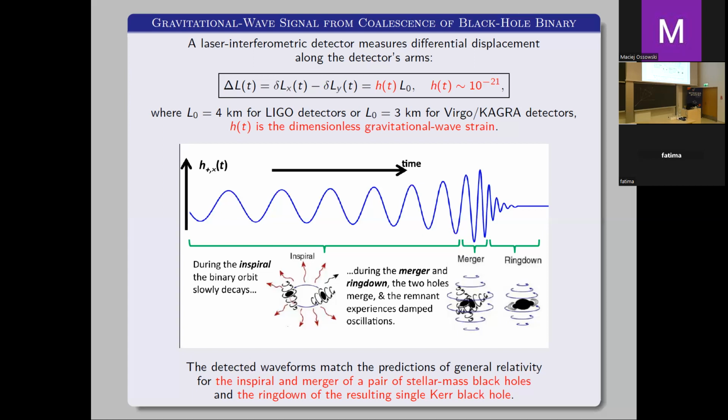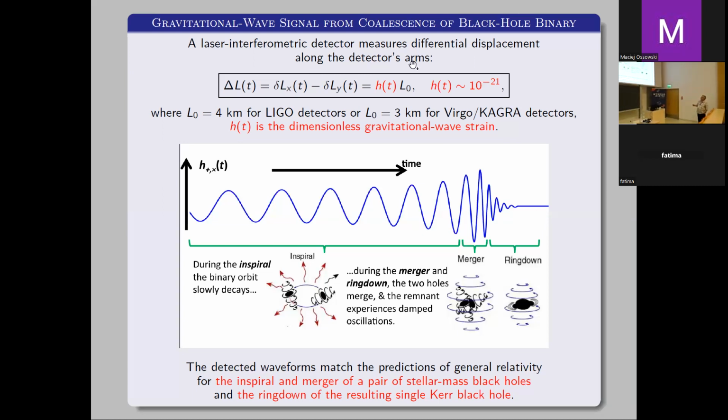Lx and Ly are proper lengths of the 2 laser interferometer arms, and L0 is just the unperturbed length of each arm.